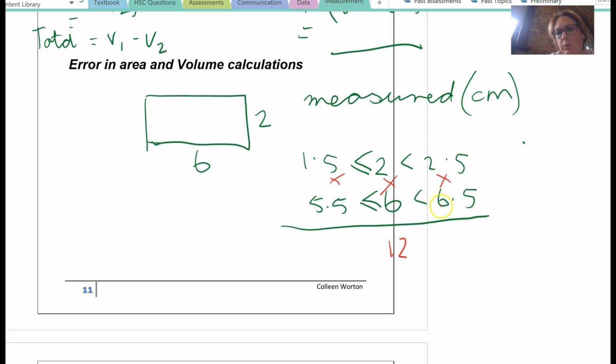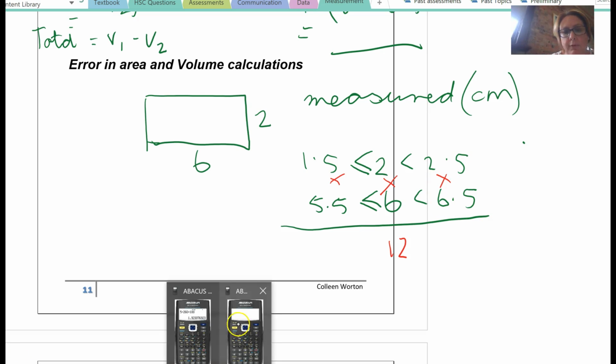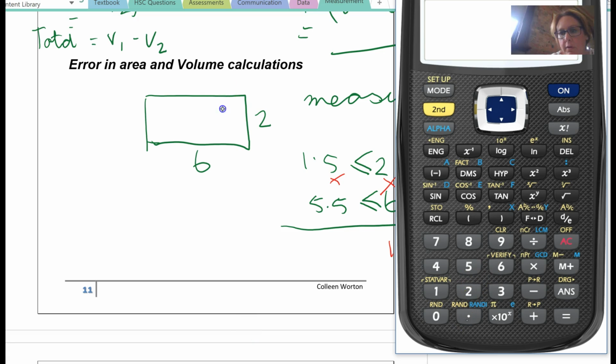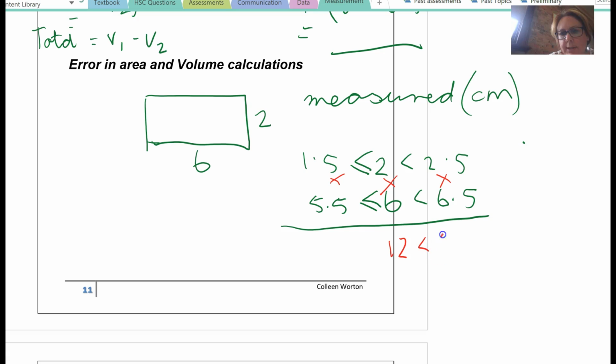But what's the biggest possible area? It's 2.5 times 6.5, because it could be up to 2.5 and 6.5. So it could be as big as 16.25. But it also could be as small, and I don't know why that's not working.